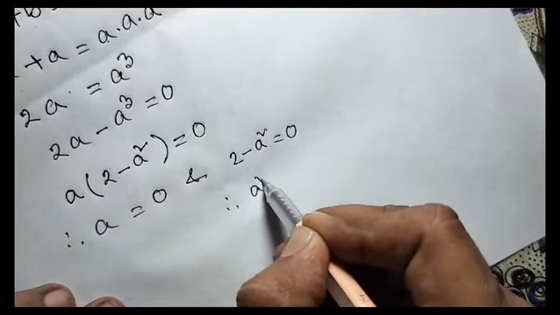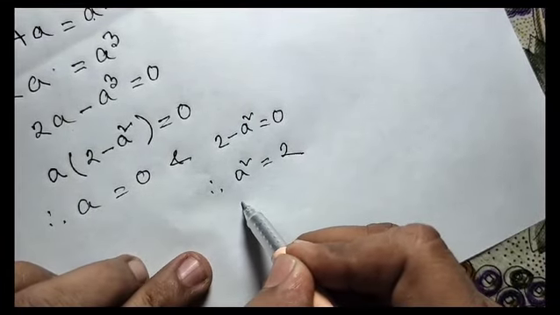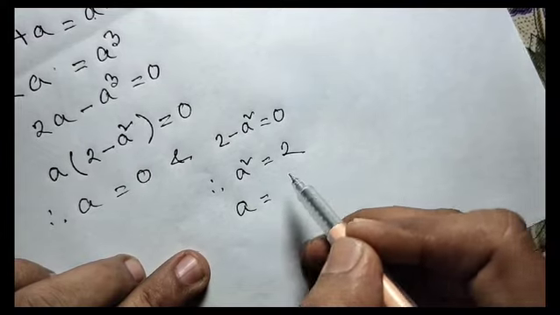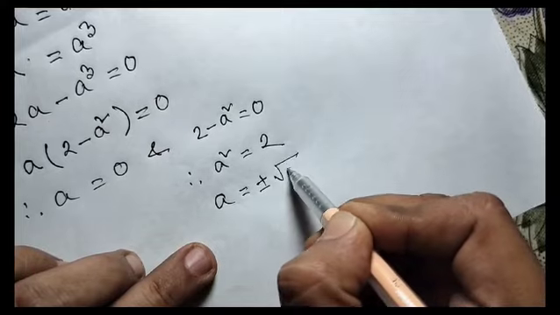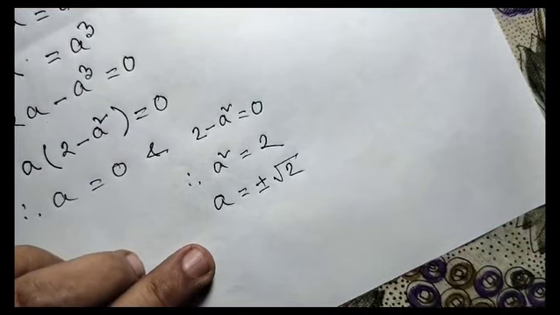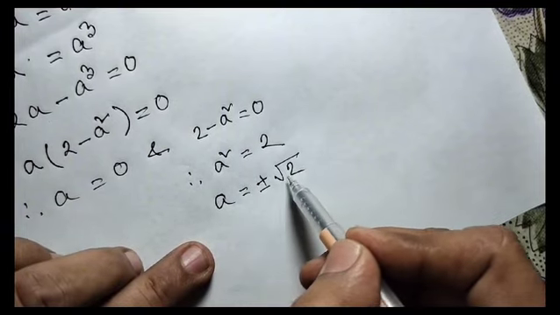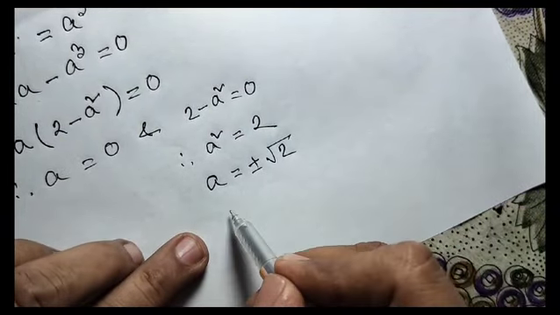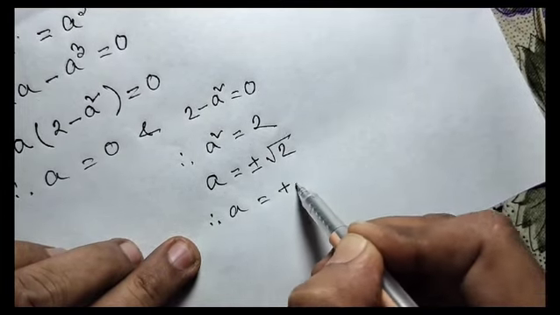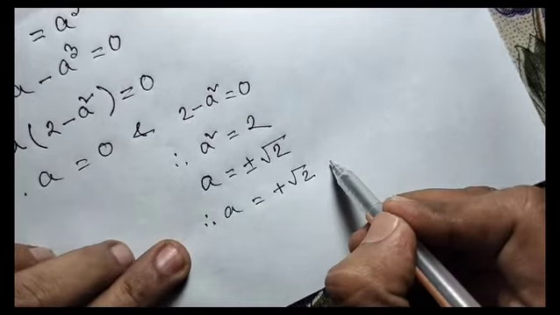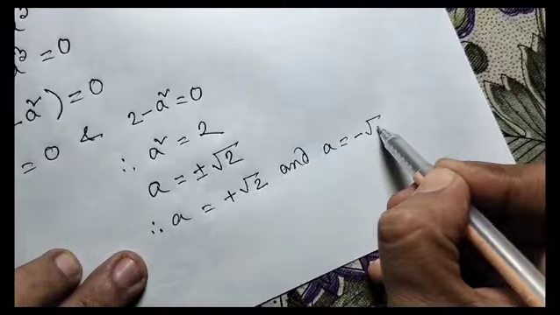So a square equals 2. From here we can write a equals plus or minus root 2. When a square goes to the right side, it becomes plus root over. That means a equals plus root 2 and a equals minus root 2.